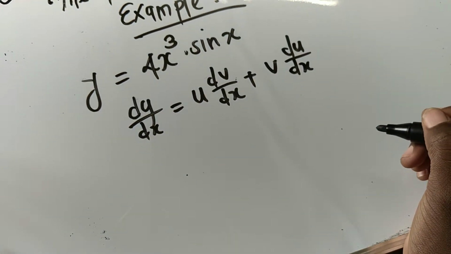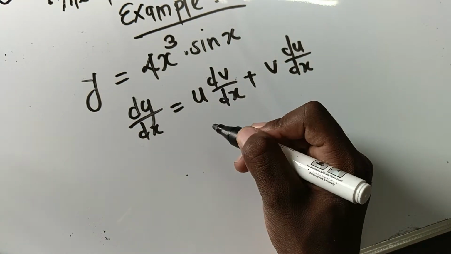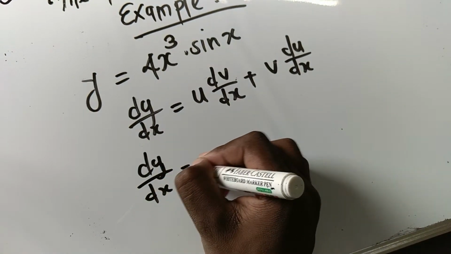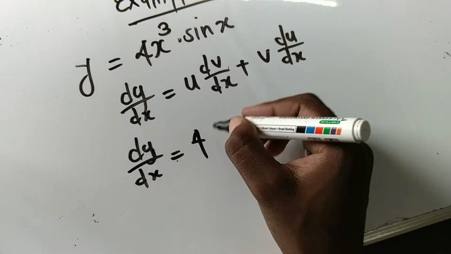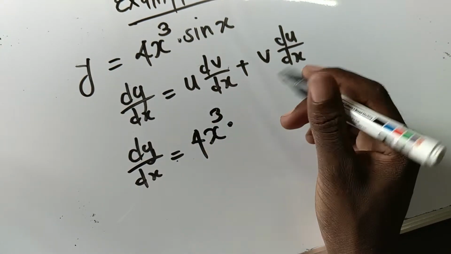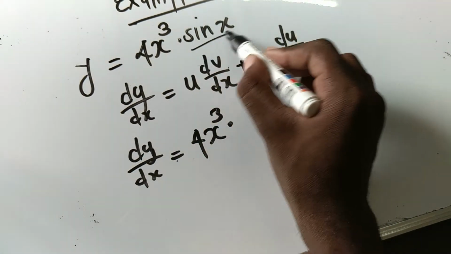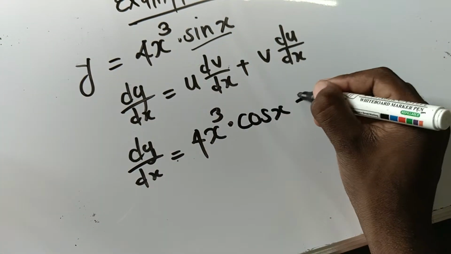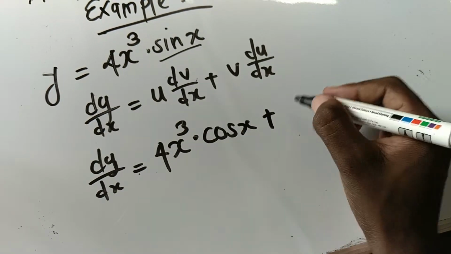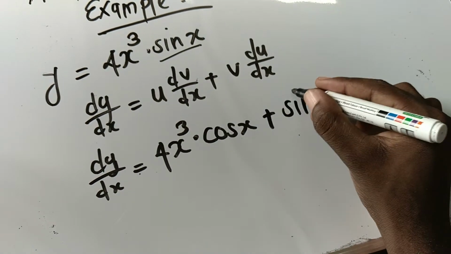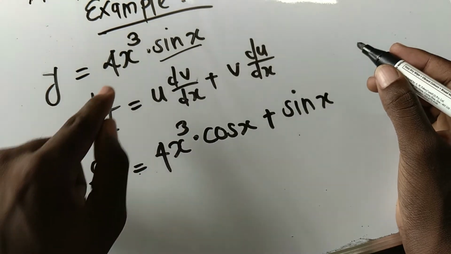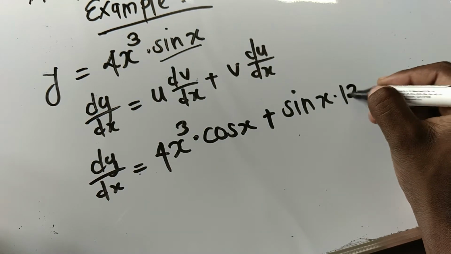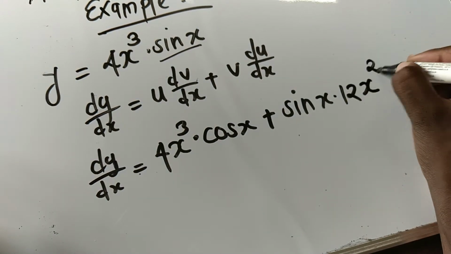What is u? U is 4x cubed, so dy dx is equal to 4x power 3 multiplied by dv dx. When we differentiate the second function, which is sine x, we'll have cos x, plus keeping the second function constant, which is sine x, multiplied by differentiating the first function, which is 4x cubed, so we'll have 12x raised to power 2.